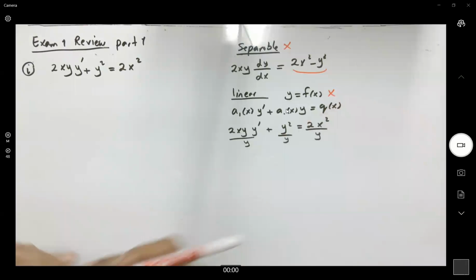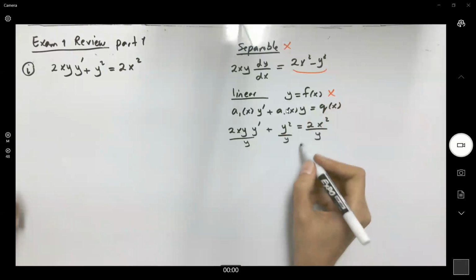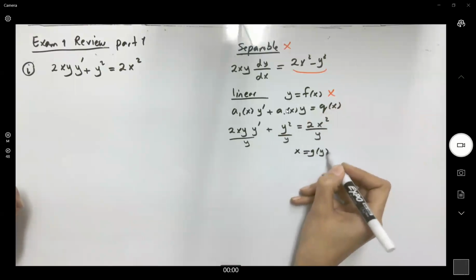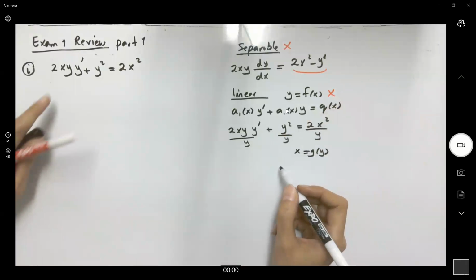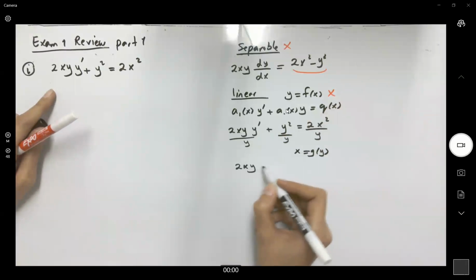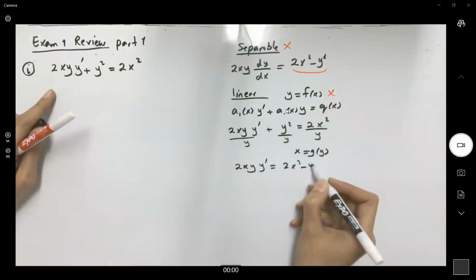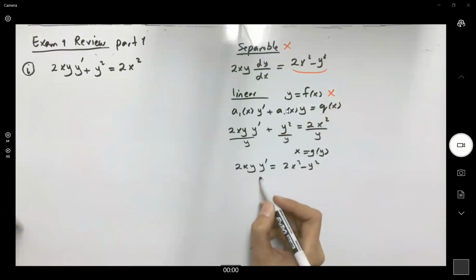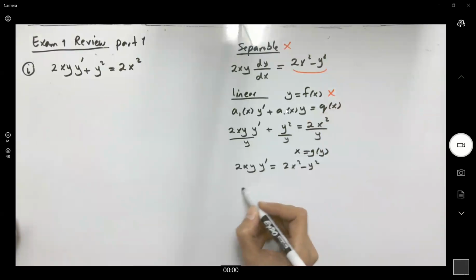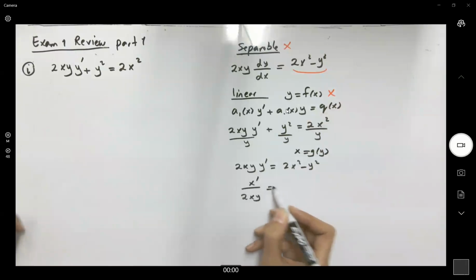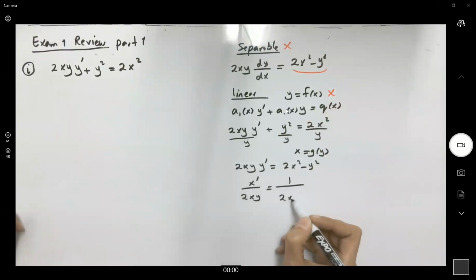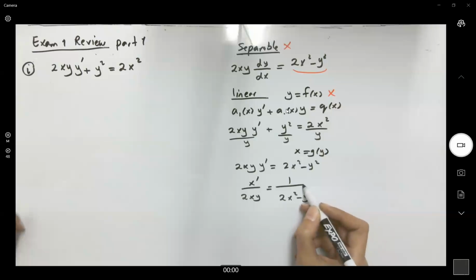What if x is a function of y? What if x is g of y? So it means that here you have 2xy y prime equals 2x squared minus y squared. Then if you flip these, you get x prime divided by 2xy equals 1 over 2x squared minus y squared.